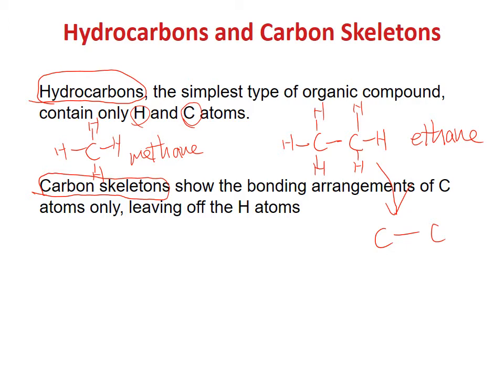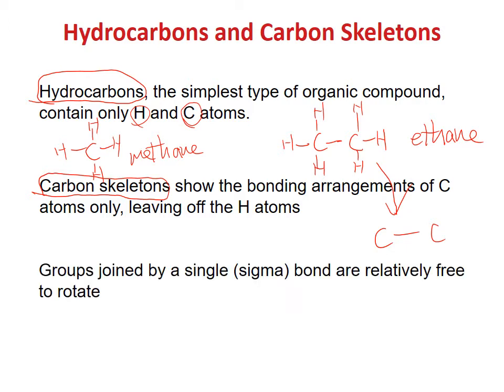Now, when we draw these structures, we should be aware that groups joined by a single bond are relatively free to rotate. So this bond can rotate, and we'll see in the next slide.